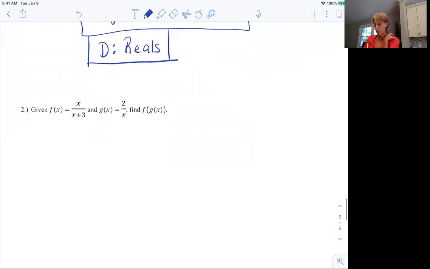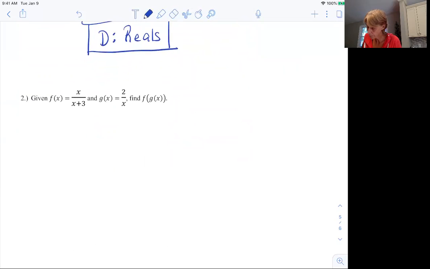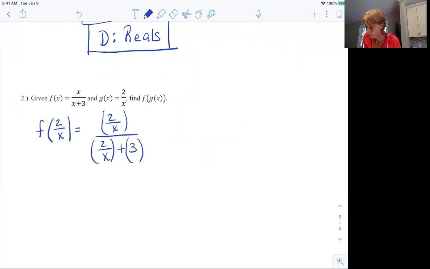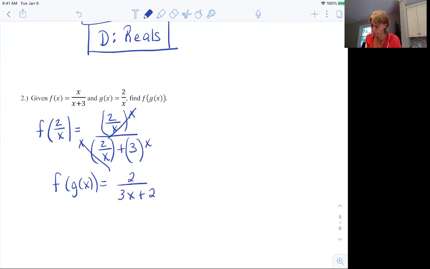And for example 2, so there is my function.